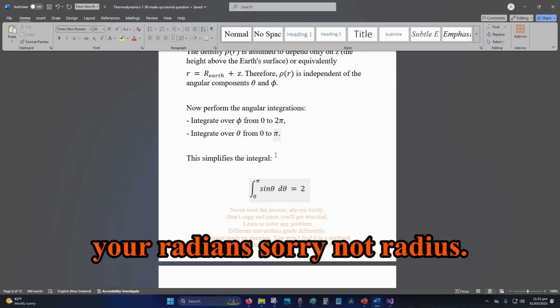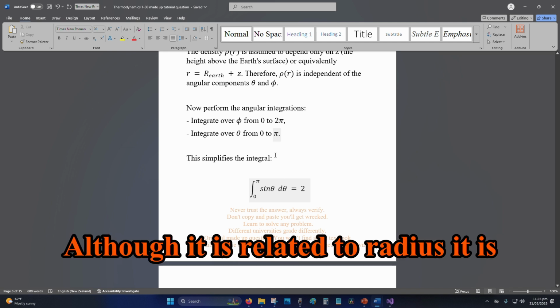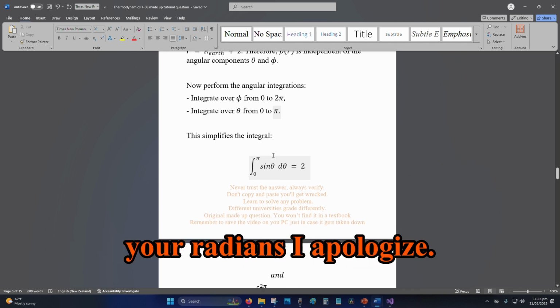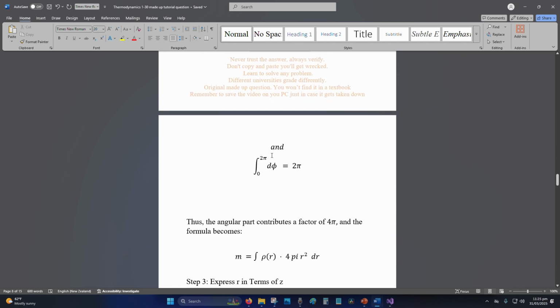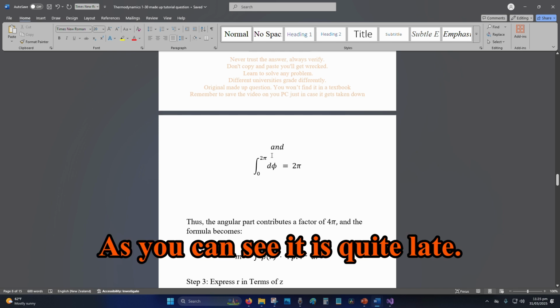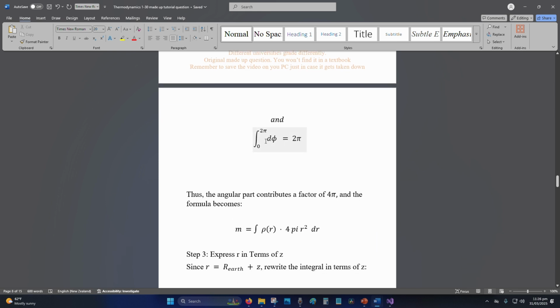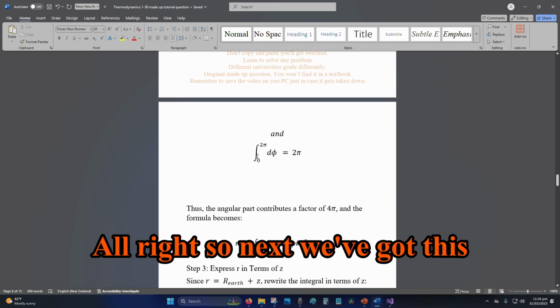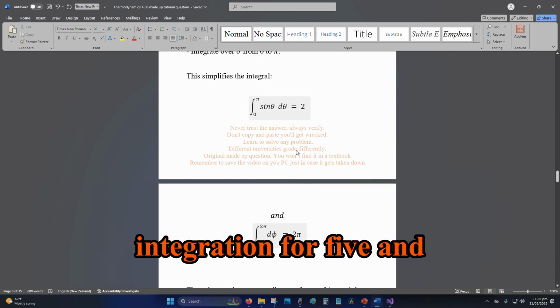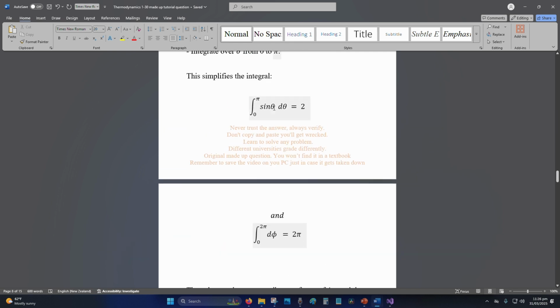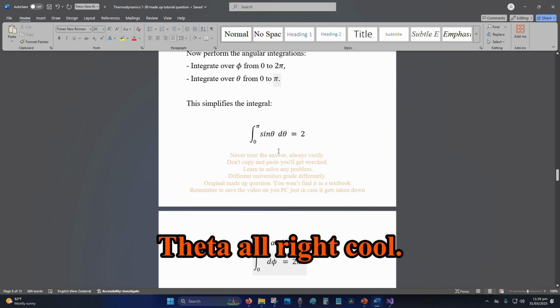Sorry, not radius. Although it is related to radius, it is your radians. I apologize. As you can see, it is quite late. Alright, so next we've got this integration for phi, and we've got the integration for theta. Alright, cool.